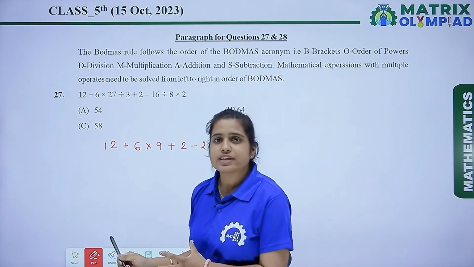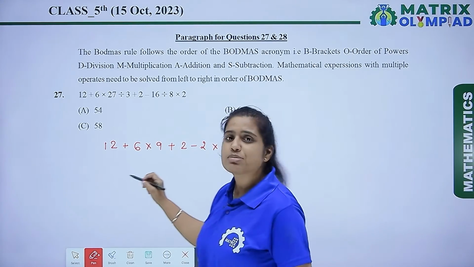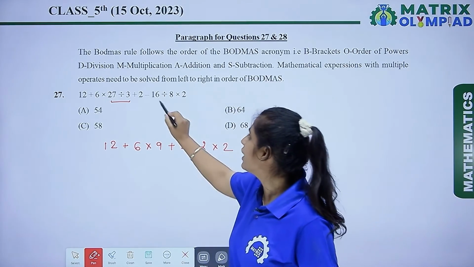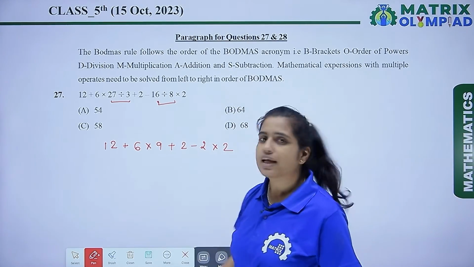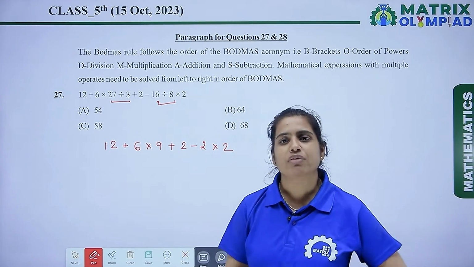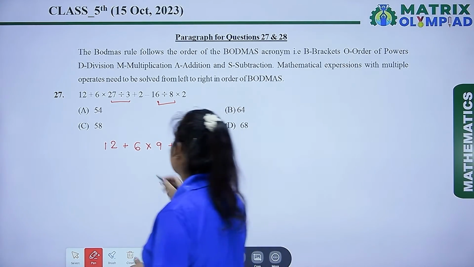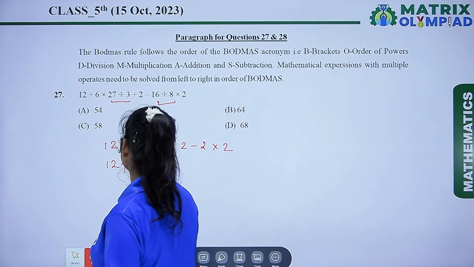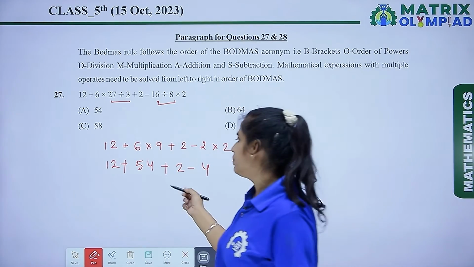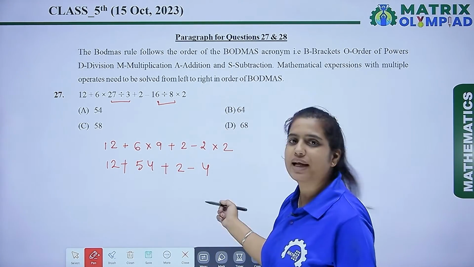So here the first statement will be like this. हमने सबसे पहले डिवीजन को फॉलो करा है। 27 divided by 3 is 9 here and 8 and 16 divided by 8 is 2. So after the division, what we are going to perform? We are going to perform multiplication. Now the next step will be 12 plus 54 plus 2 minus 4.